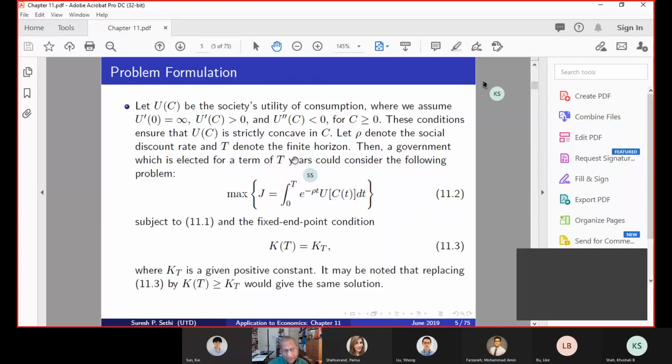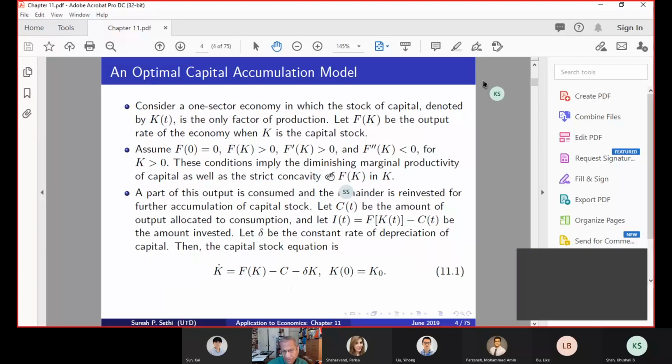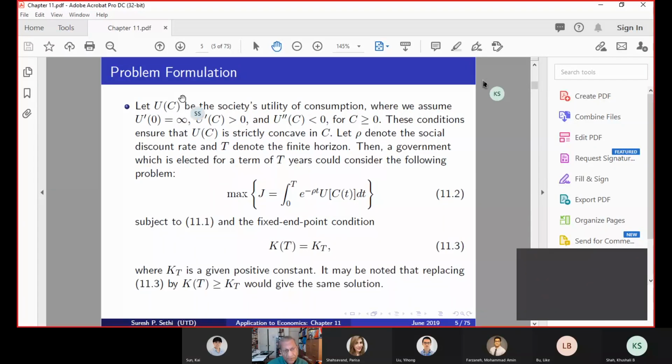Let U(C), so what we consume gives us the utility. So let C be the total consumption by the society. Let U(C) be the society's utility of consumption. And this is another standard assumption on the utility of consumption. Well, that one is not standard, but we will talk about this just in a second.